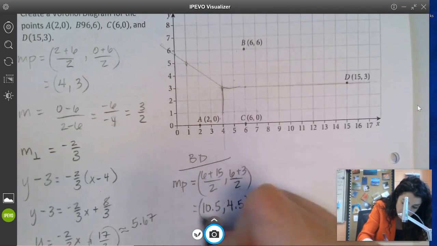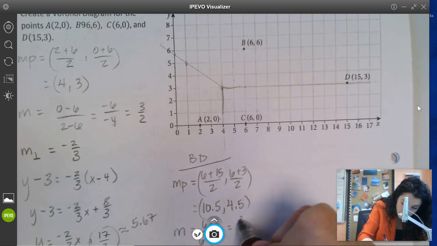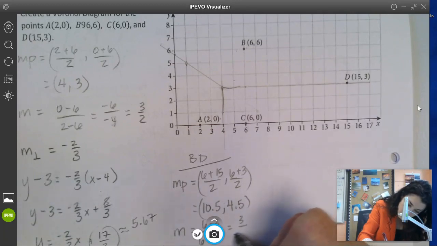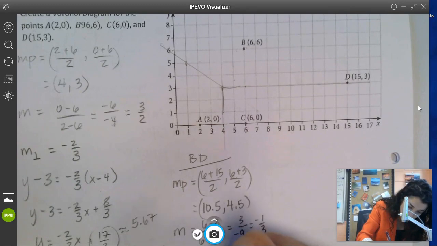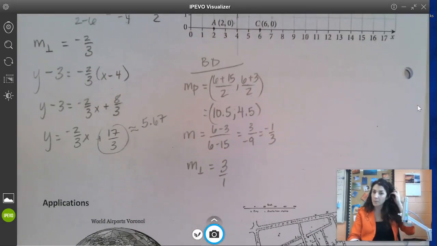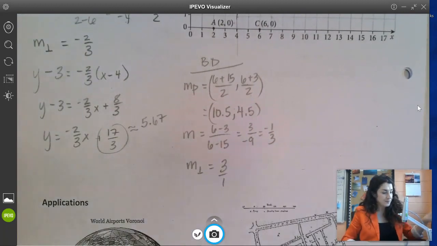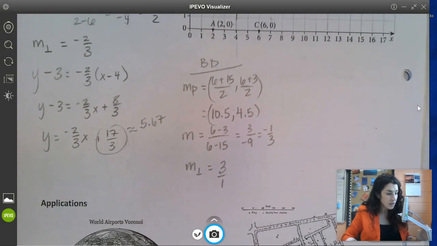and the slope. So then our perpendicular slope is, oops, there you go. All right.